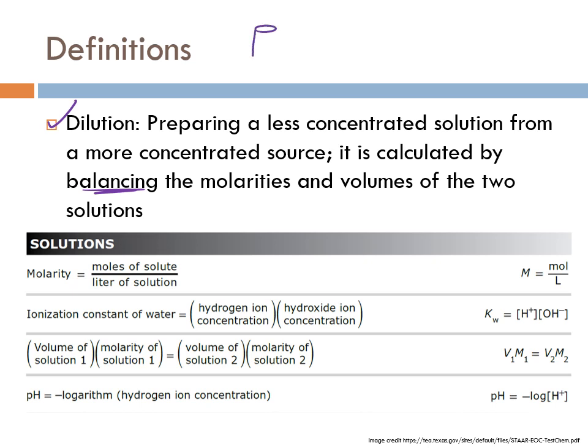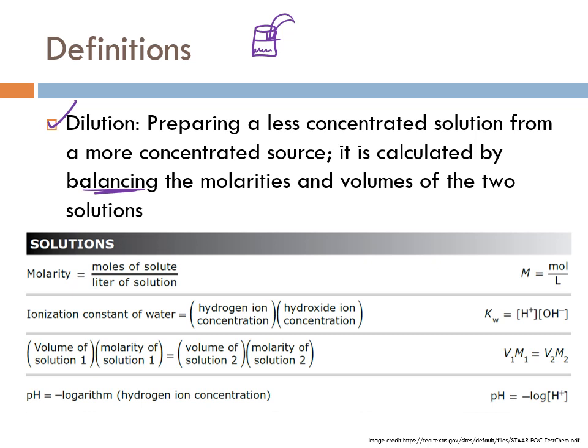So let's say that you had like a Kool-Aid mix and you put lots of Kool-Aid and not very much water. It's going to be very, very concentrated. Maybe it doesn't taste very good because it's so concentrated. So you add in some more water, you dilute it. That's what we're looking at now, this idea of a dilution, adding more solvent to make something less concentrated.